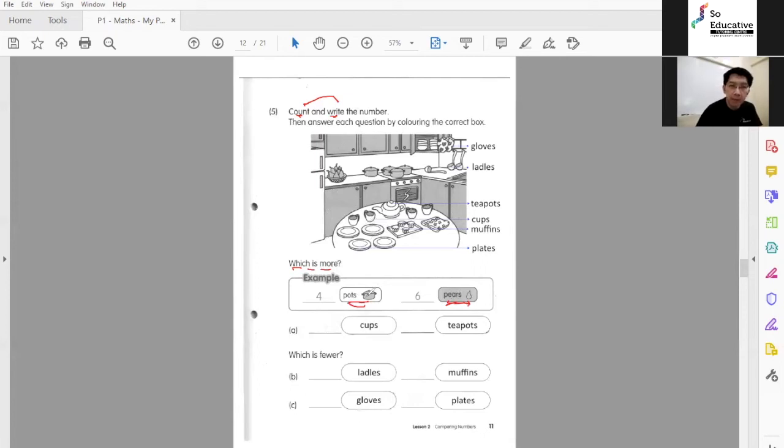How many pots? So you can see the picture, pots. Here are the pots here. So we count them as usual. 1, 2, 3, and 4. That's the reason why 4 is written here.